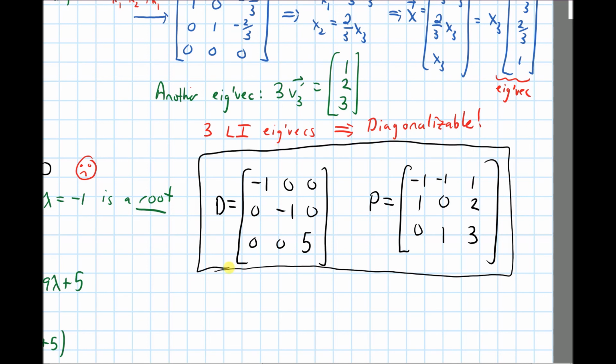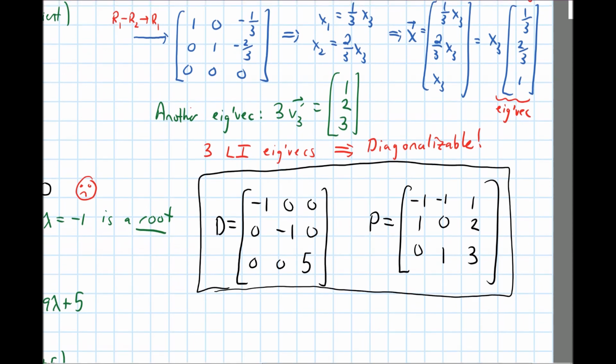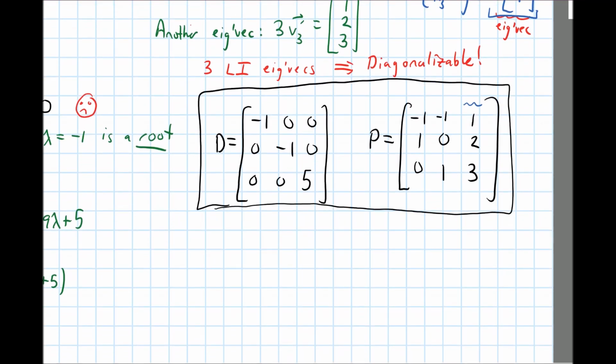One question that we might have is, wait, if I've taken this third column here and changed it from the numbers that I was getting, these fractions, wouldn't that change my diagonalization? The answer is no, it wouldn't change it. Because if we think about A as P times D times P inverse, by changing this third column of P, that also is going to affect P inverse.